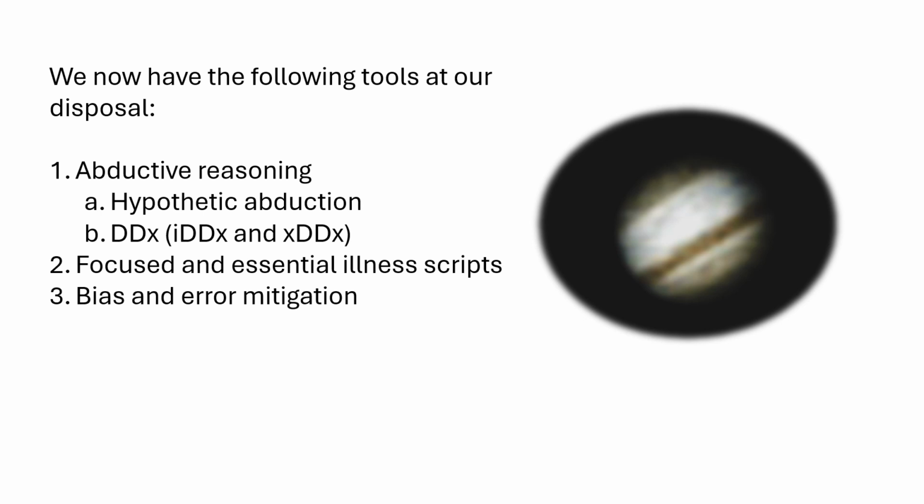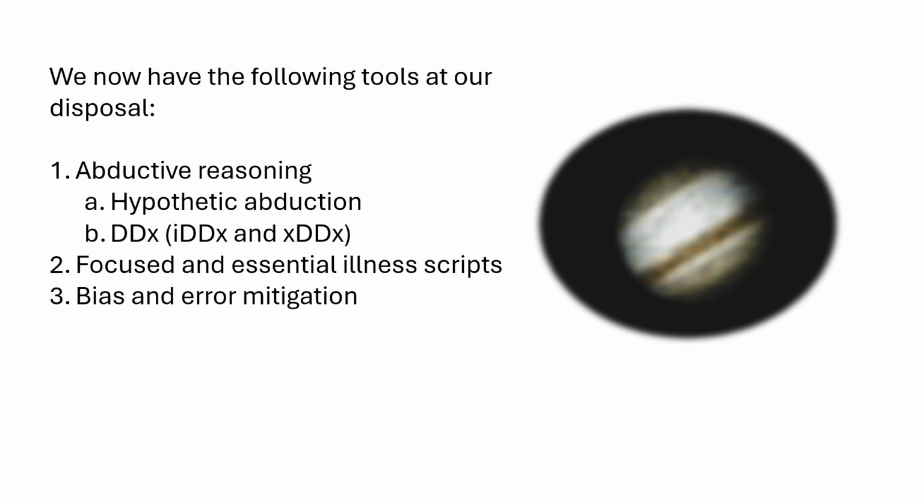It's because we have new tools at our command. We've looked at bias and error mitigation and what bias and error is, so we can include that. And we're also going to talk a little bit about subtyping on this particular diagnosis. So this will come up more and more as we go along. But what we've got now that we didn't have before is, first off, abductive reasoning. We can do hypothetic abduction and we can do differential diagnosis, both inclusive and exclusive differential diagnosis.